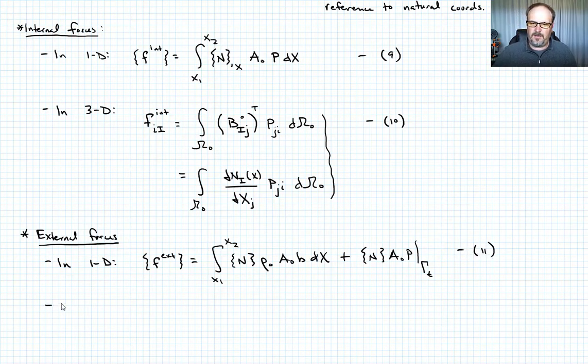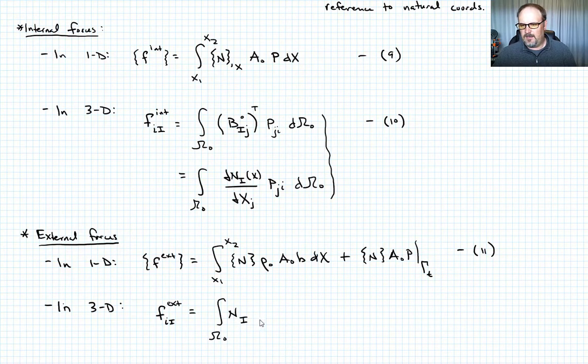The parallel in 3D is F, a similar form now, little i, capital I, external, is going to be equal to, this integral now becomes over omega naught. Now this becomes N_I times rho naught, and then we have a b_i here now. And then this A naught dx becomes d omega naught.